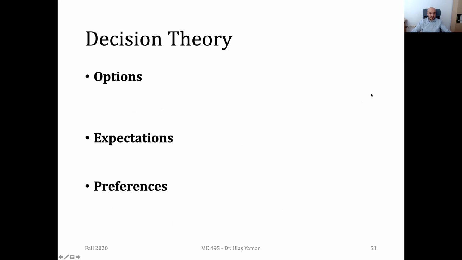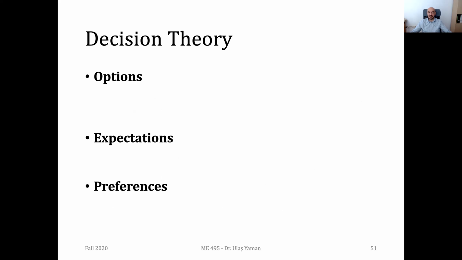In this decision theory, we need to have some options, and from these options we will come up with some specific solutions. While we are evaluating them, we need to have some restrictions, some expectations, and lastly, you may have some preferences.